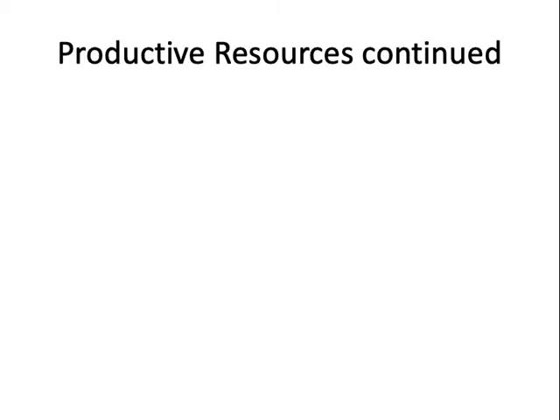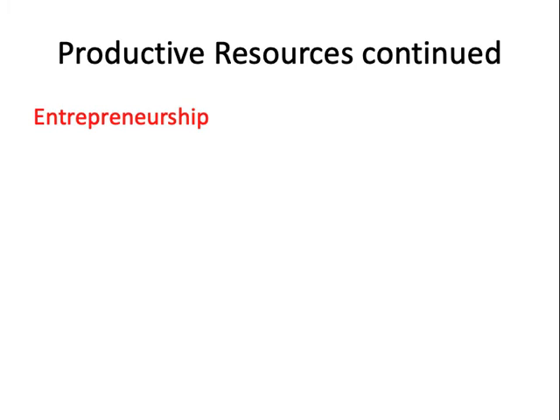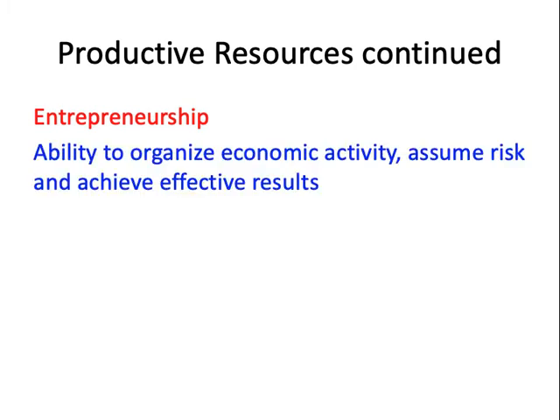So when we talk about productive resources, those are the main 3, but we also want to think about things like entrepreneurship. All these other things can be physically seen and counted, but entrepreneurship is not so tangible, right?